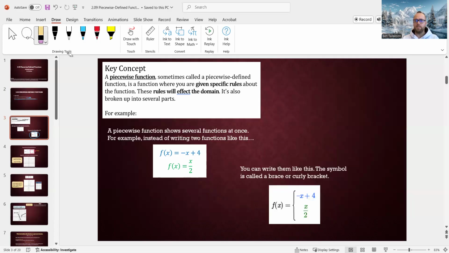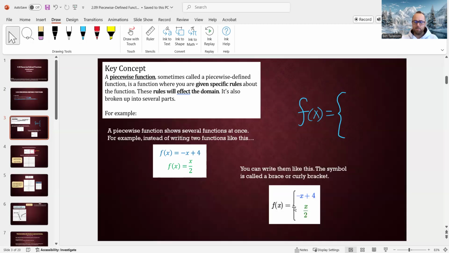So we write f of x equals a brace. So that is always the first thing you do when writing a piecewise function. Now, is this going to be a small brace? No, it's going to be a decent size, especially if you have more and more functions. Then this will stretch up and down to fit everything in there.